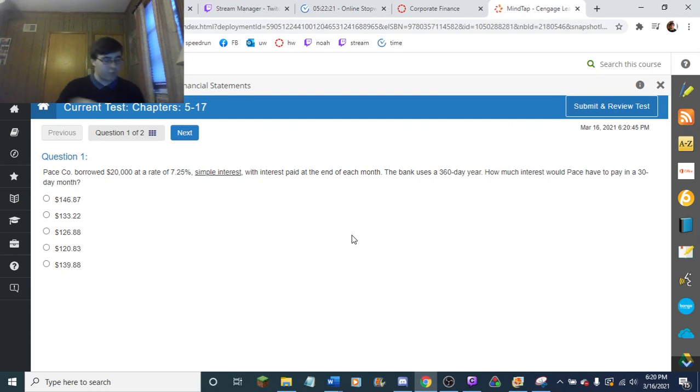Oh, come on, simple interest. I wish there was a way to do simple interest. Because doesn't the calculator automatically do compound interest?